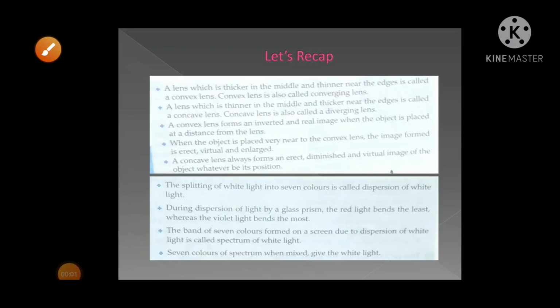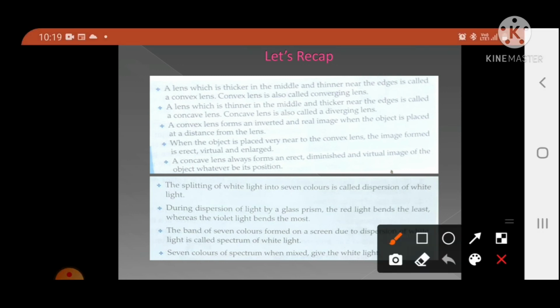Let's recap what we learned today. So now we know a lens which is thicker in the middle and thinner near the edges is called a convex lens. Convex lens is also called converging lens. A lens that is thinner at the middle and thicker near the edges is called concave lens, which is also called diverging lens.